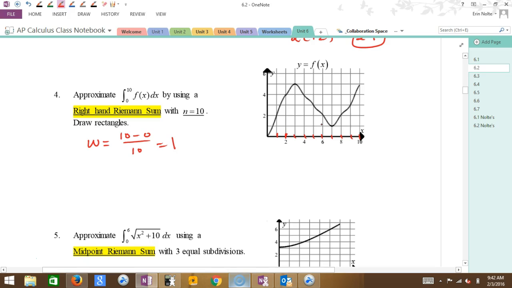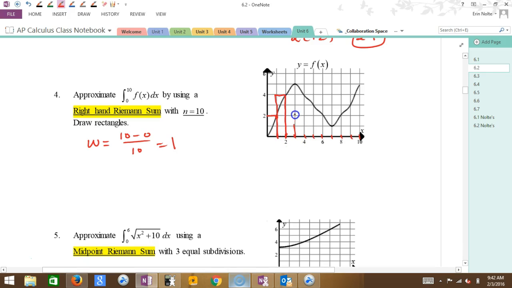If I'm doing my right hand between 0 and 1, what is my right-hand value? 1. So my corresponding y value is 2. The right-hand one of the next is at 2, so the y value is 4.